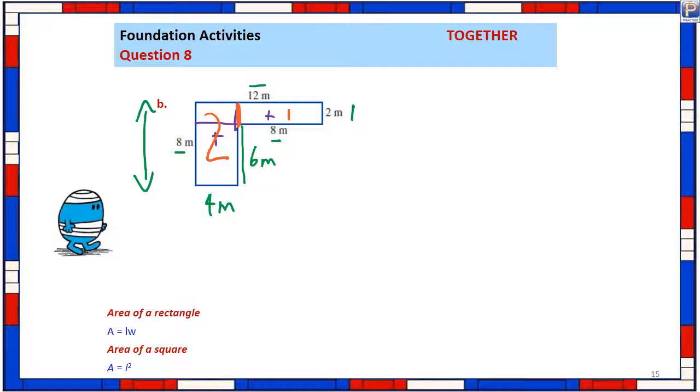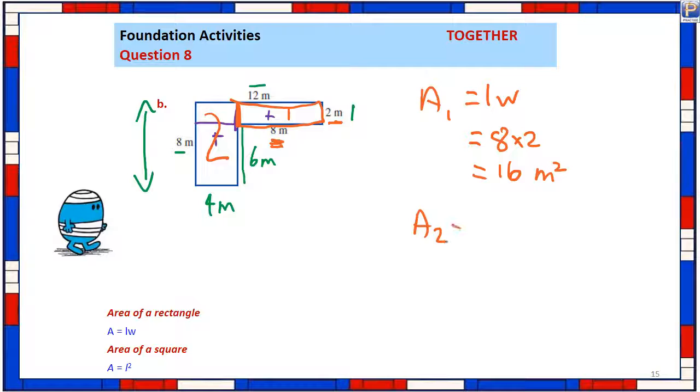All right, so area of rectangle 1 is length times width. So rectangle 1 would be 8 by 2, because that's this rectangle here. That bit's 8 by 2. 8 times 2 is 16 units.